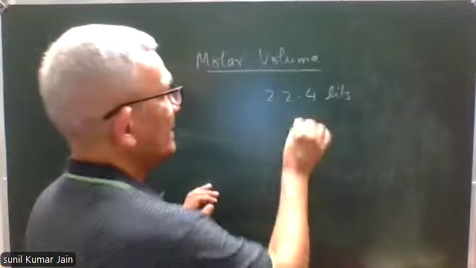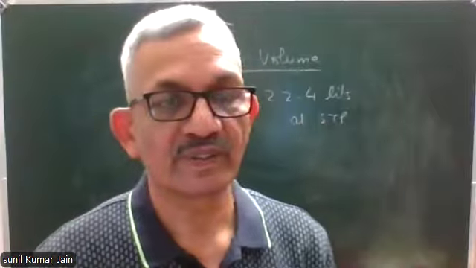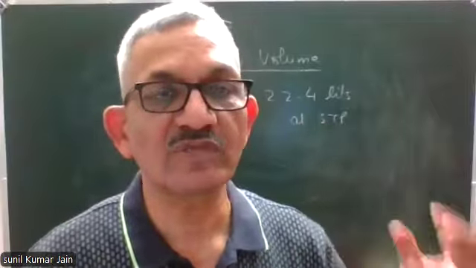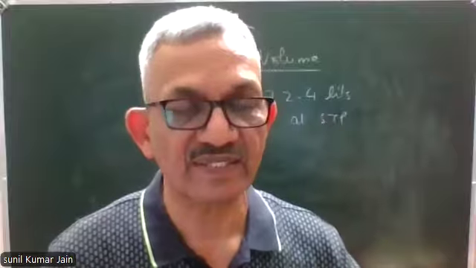At STP, what is STP? I'll tell you, which is called molar volume. Why do we call it molar volume? Because this is the volume of 1 mole of the gas, right? It's called molar volume.